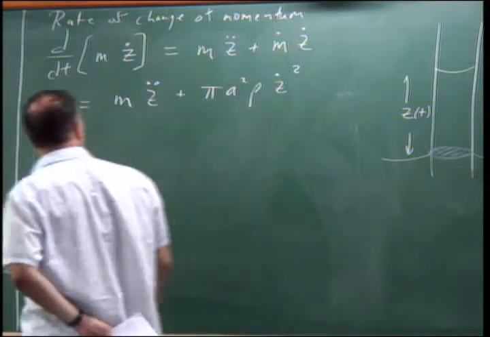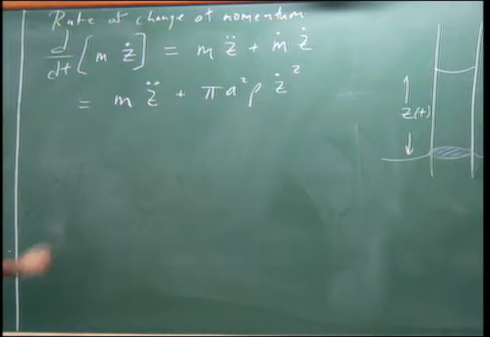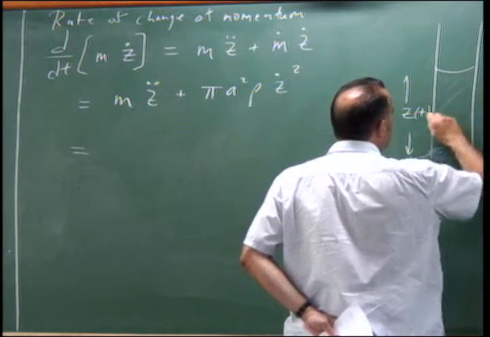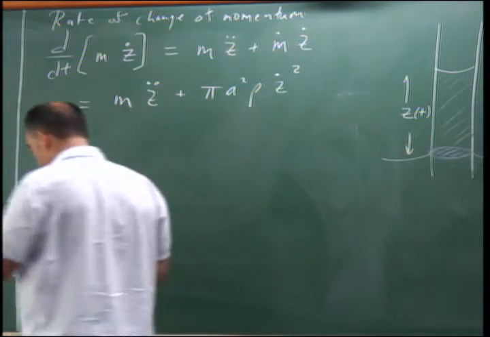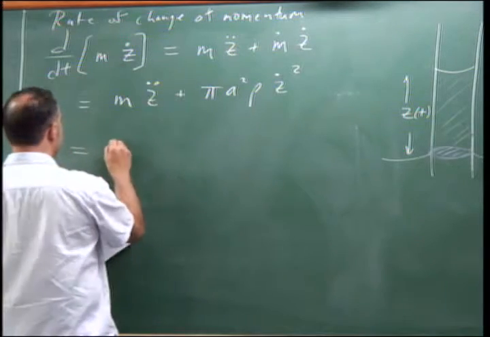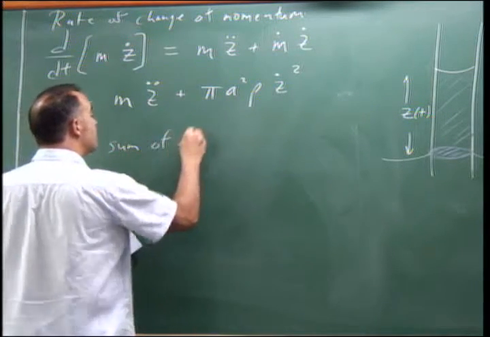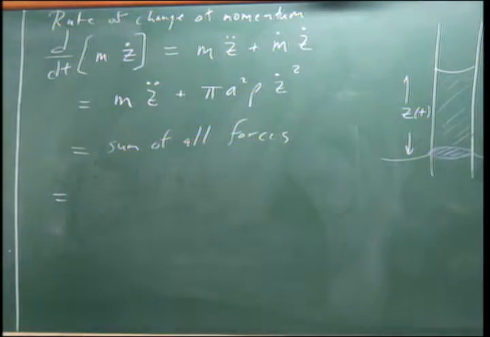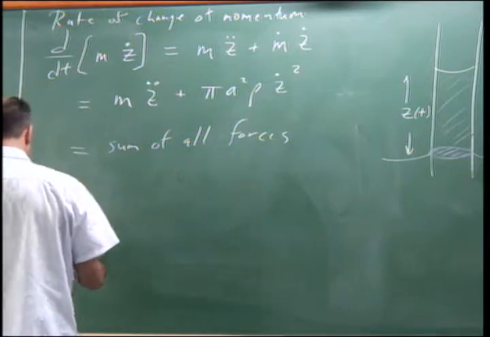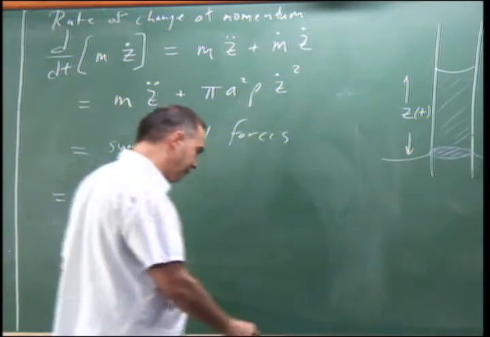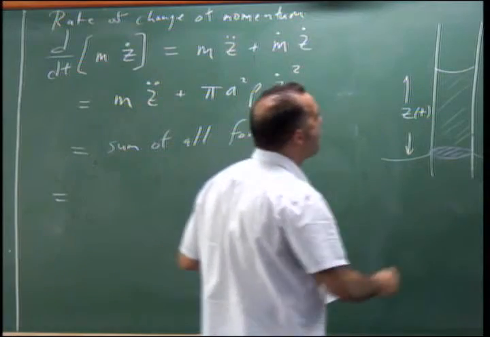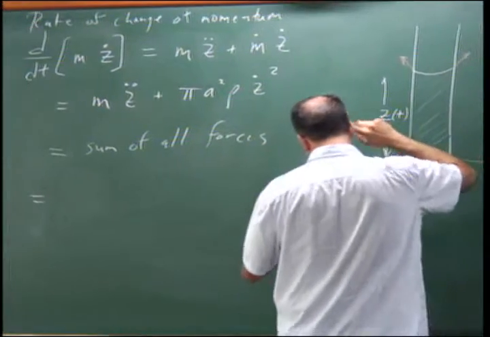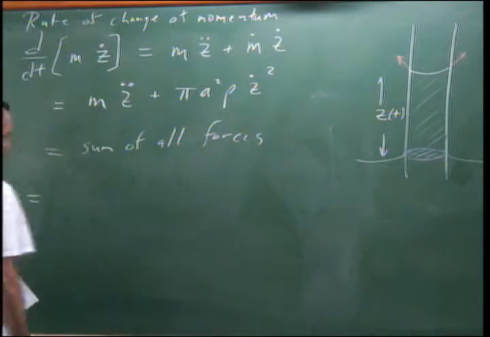Okay, so this has to be equal to the sum of all forces acting on this fluid column. Okay, so let's write them down. The first is we know that there's a tensile force acting in this direction, which gives rise to a vertical component.